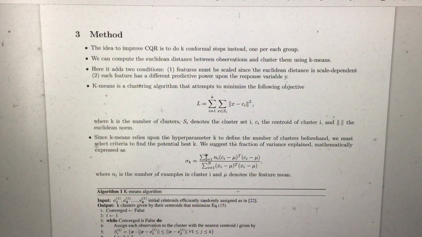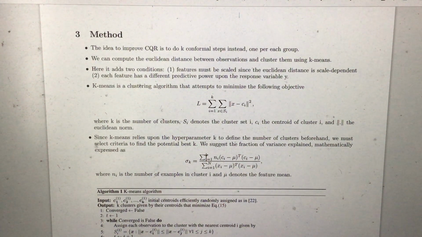We can compute the Euclidean distance between each observation and cluster, then use k-means. For k-means, there are two conditions. The first is that the features must be scaled, since the distance is scale dependent. The other is that each feature has a different predictive power upon the response variable.